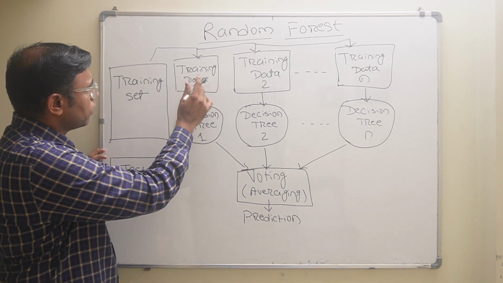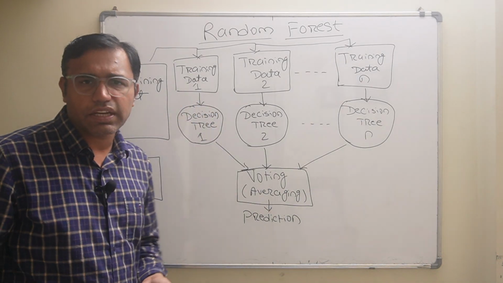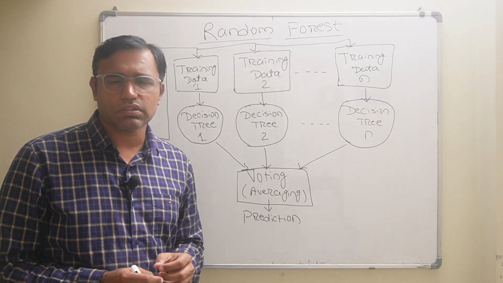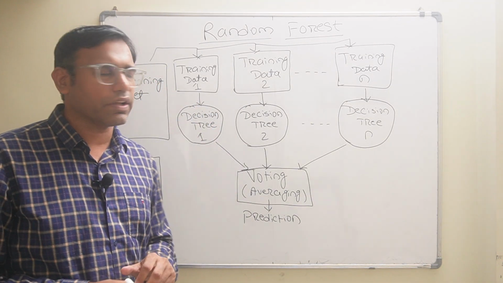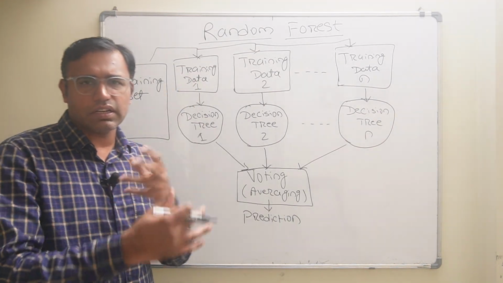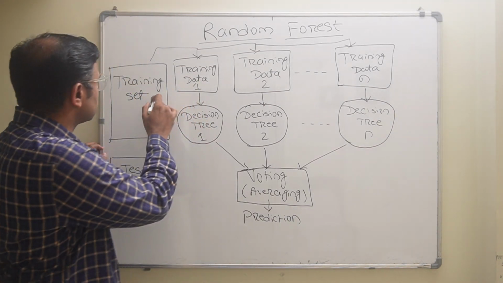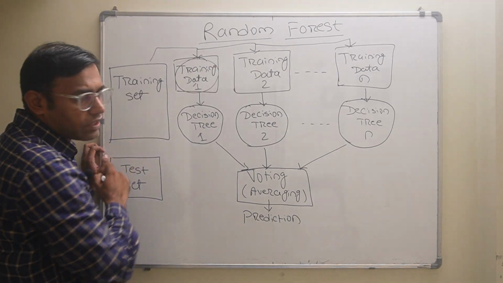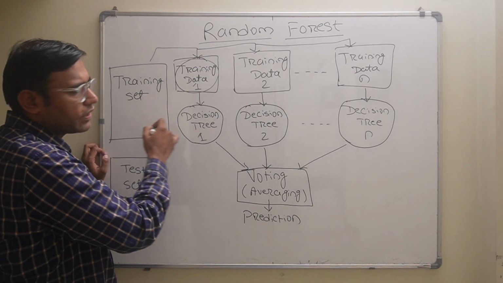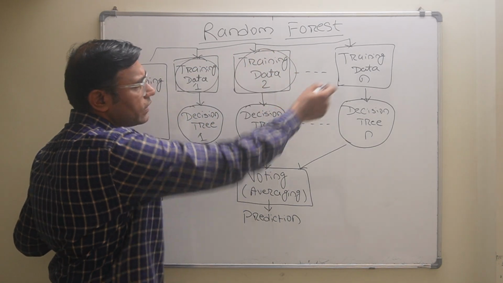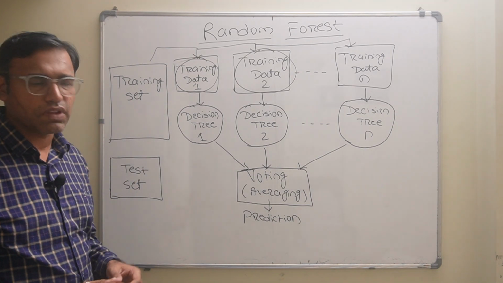Now how is this training data extracted, or how is it constructed? Randomly, the training data is taken from this original training data set. Again it is taken randomly. Again it is taken randomly. So what can happen?